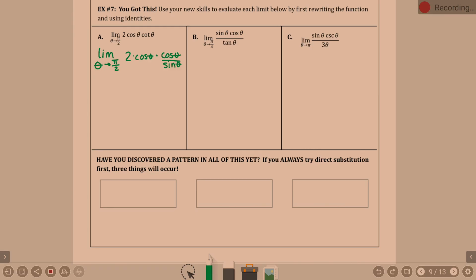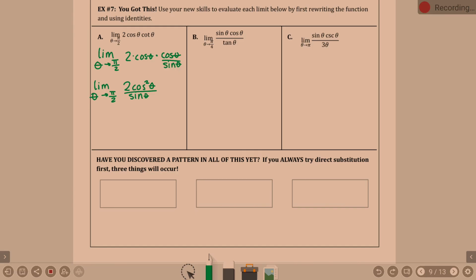Basically this is just to use cosine squared over sine. Okay. I mean, it would have been nice if it canceled out, but it doesn't. But if nothing else, it's going to make it a lot easier to work with here. So about the only thing I can do here is to clean it up a little bit. So this is 2 cosine squared theta over sine theta.